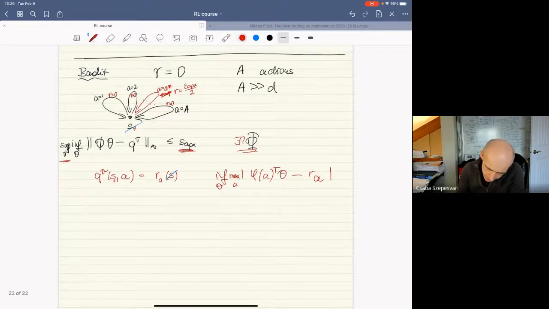So now I need to choose this phi map, which is from the actions to R^d.